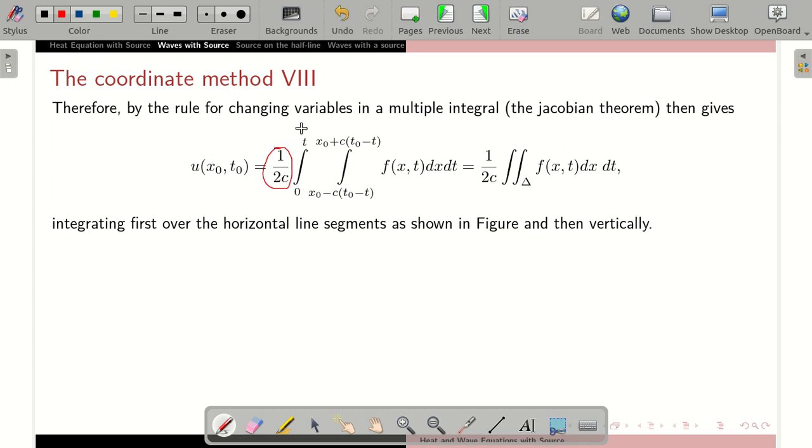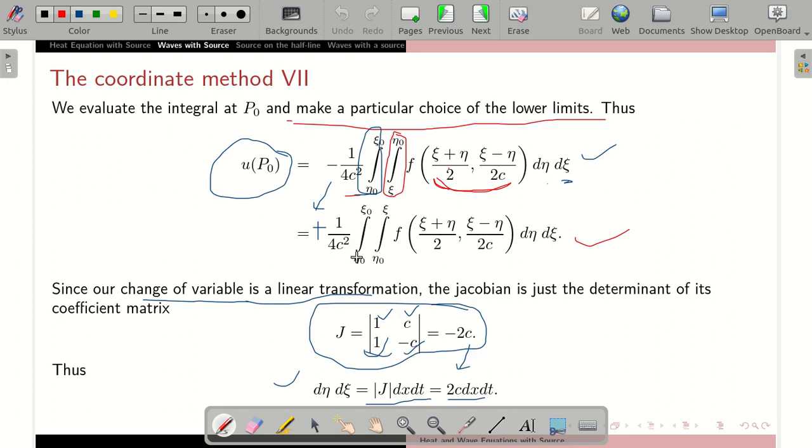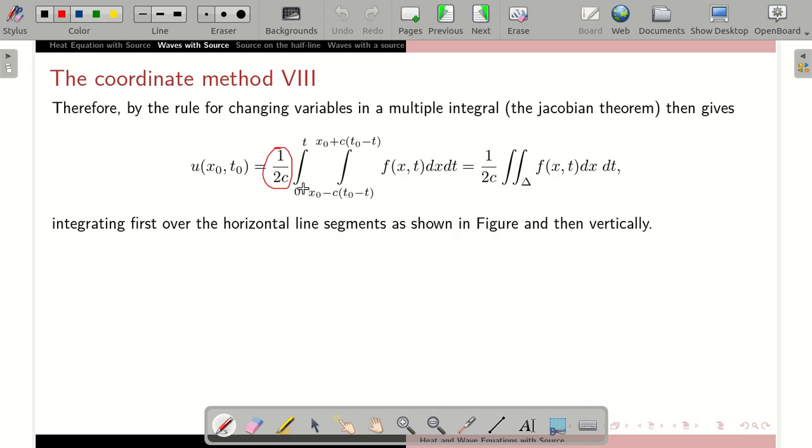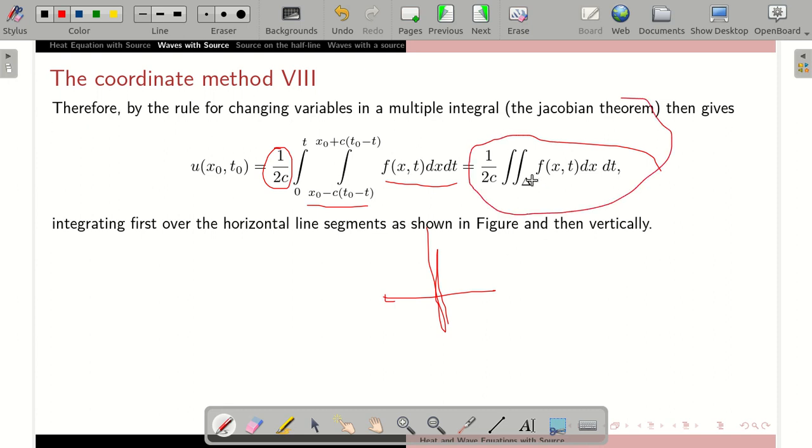So the first limit is 0 to t, and the second limit is x0 minus c, t0 minus some variable t, to x0 plus c, t0 minus t, of f x,t dx dt. Or I can write in short form 1 by 2c, double integral on this triangle delta, f x,t dx dt.